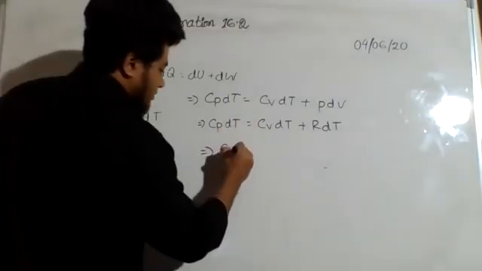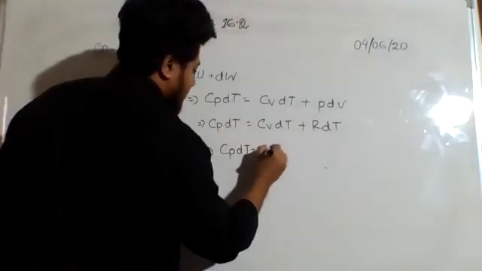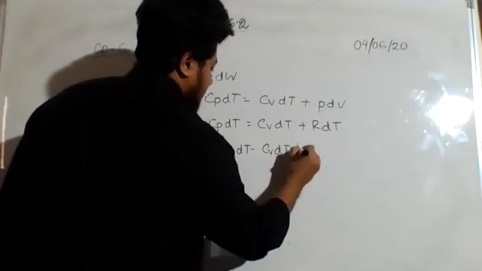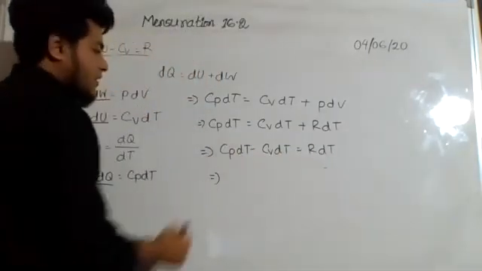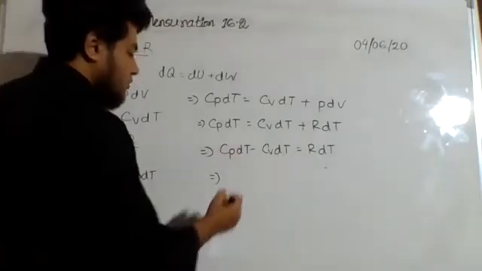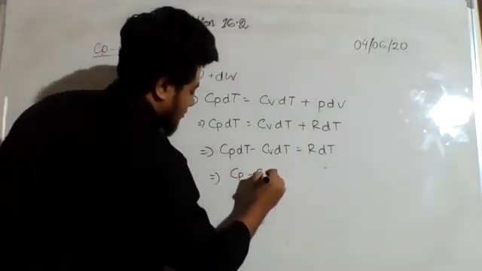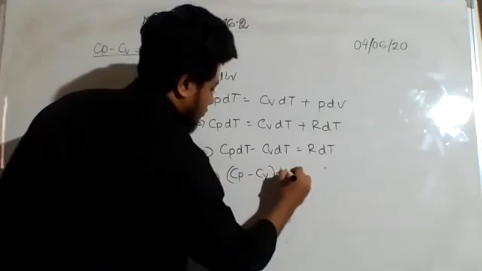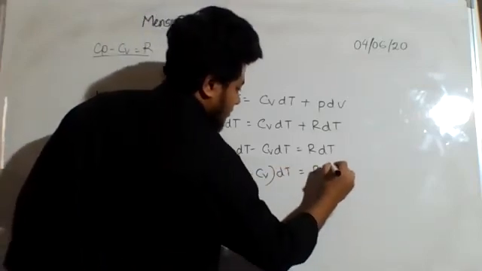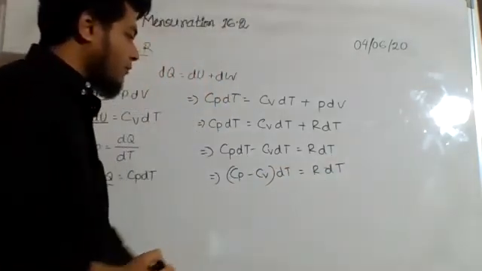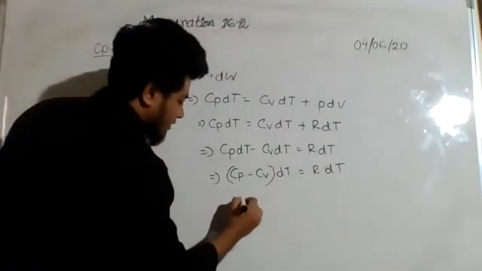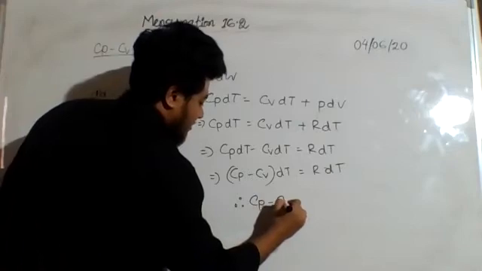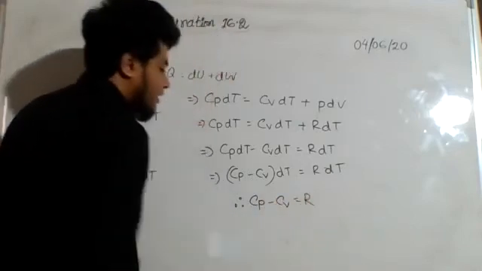So I will change the side of it. Cp dT minus Cv dT should be equal to R dT. From here, if I take dT common, then what will happen? Cp minus Cv, into dT, will be equal to R dT. From both sides, if you cancel the dT, then you get your desired equation: Cp minus Cv is equal to R.